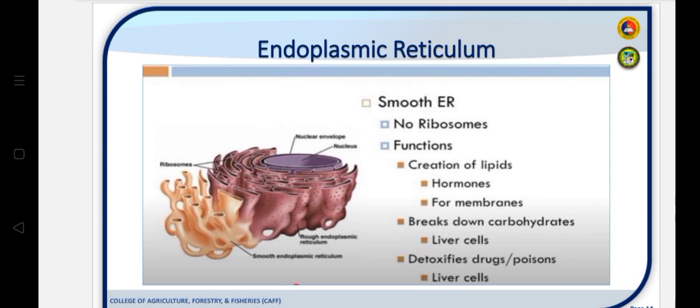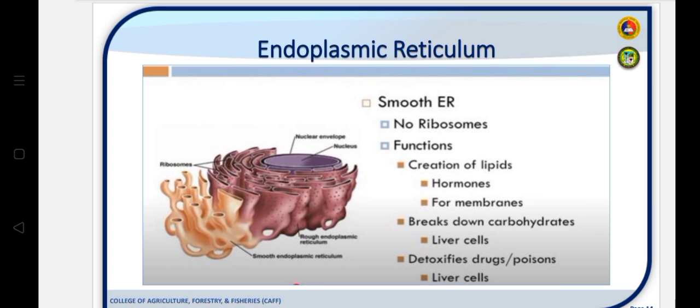So it makes lipids, including hormones and parts of the cell membrane. It also breaks down carbohydrates. Okay, so the smooth ER breaks down carbohydrates into simpler sugars, especially in liver cells.